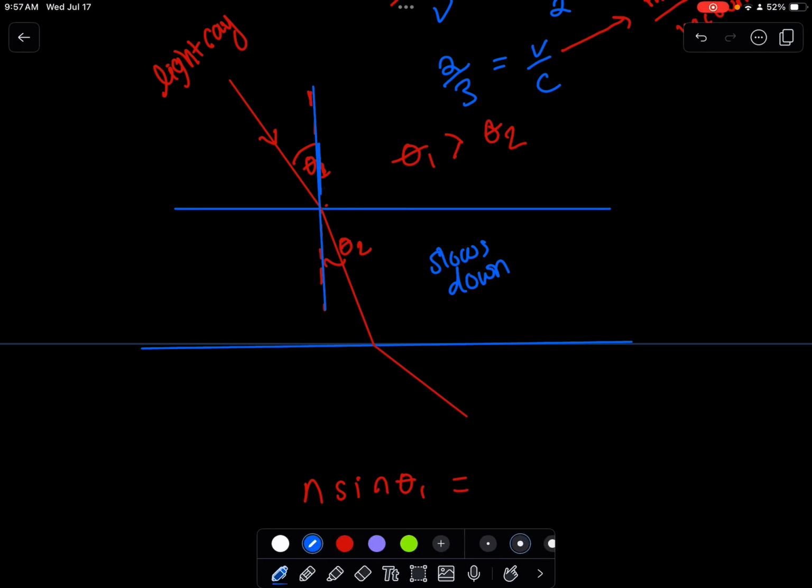So this light comes in at an incident angle of θ1. Then it bends towards the normal, so the light ray gets closer to that dotted line. I've drawn it as a solid line just for convenience, but I'll make it dotted again. So that's what's happening. The light is bending towards that normal line, where θ1 is greater than θ2.